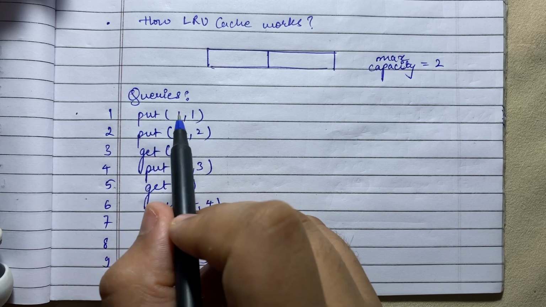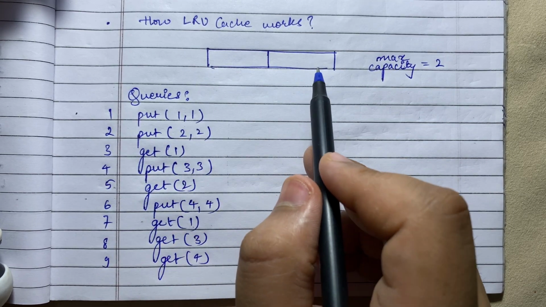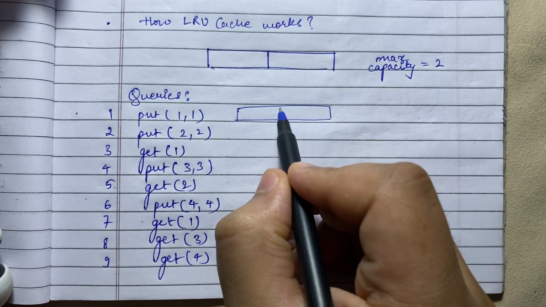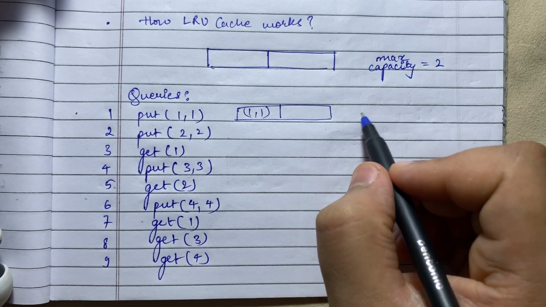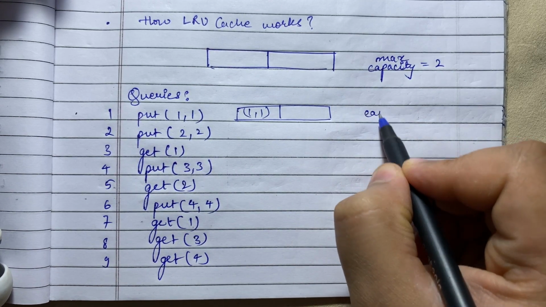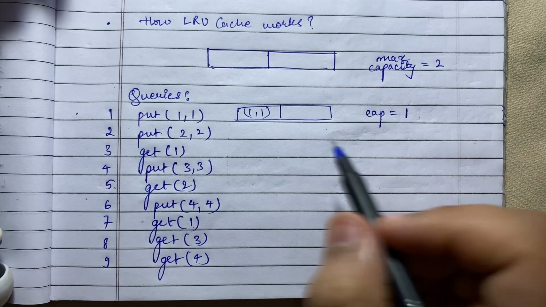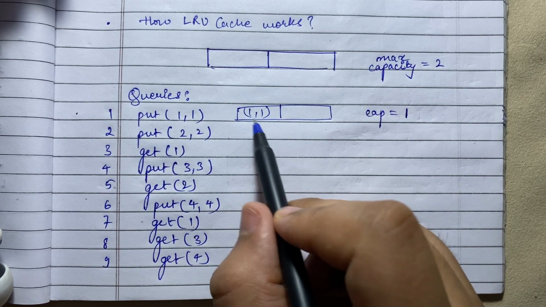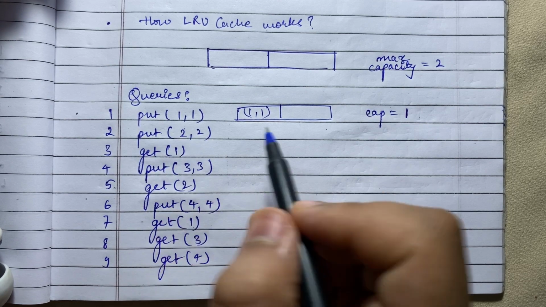So first we have a put query. Since our cache is empty, we can definitely add this value. So this is what our cache will now look like, and the size is now incremented by 1, which means that we have added a value to our cache. Again, we have a similar query but a different value, which is 2,2.